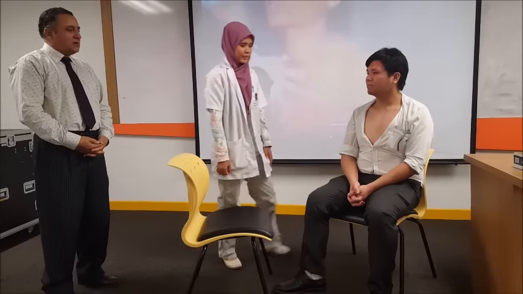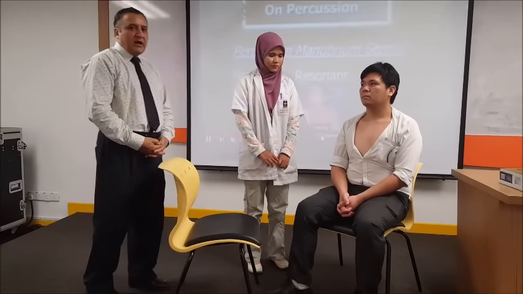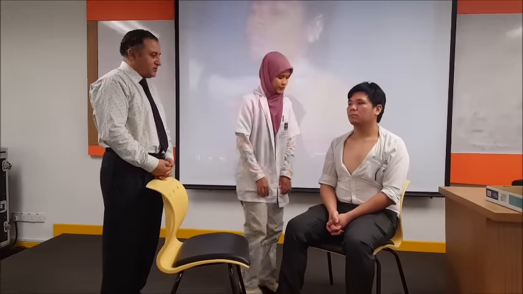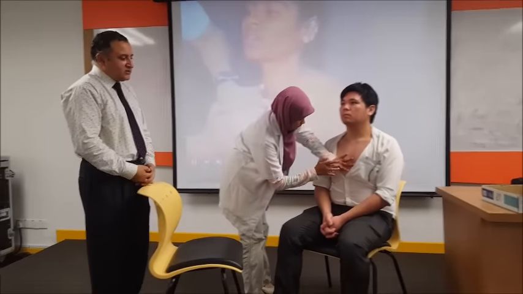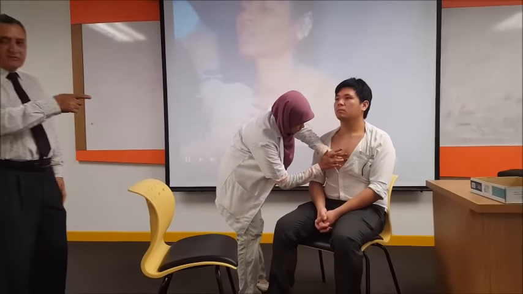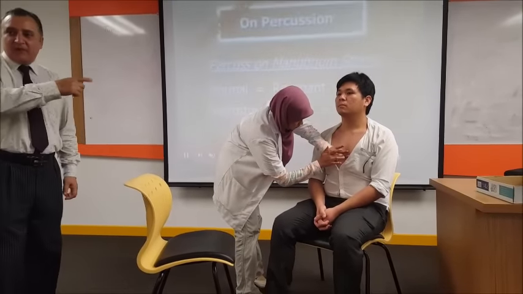Okay, done. Student, today I would like to percuss your chest. So the examiner wants to do the percussion on the patient. Yes, please proceed. The percussion is to be done from below upwards.